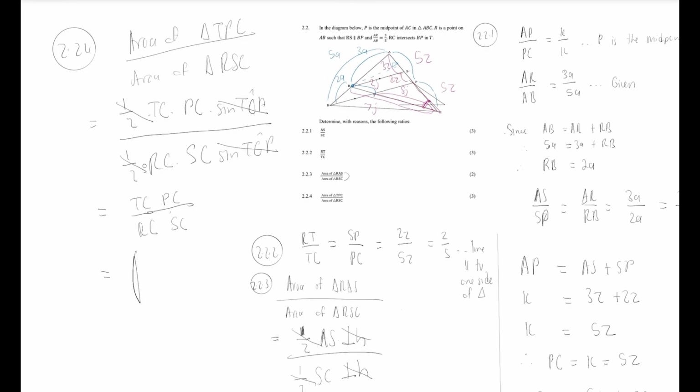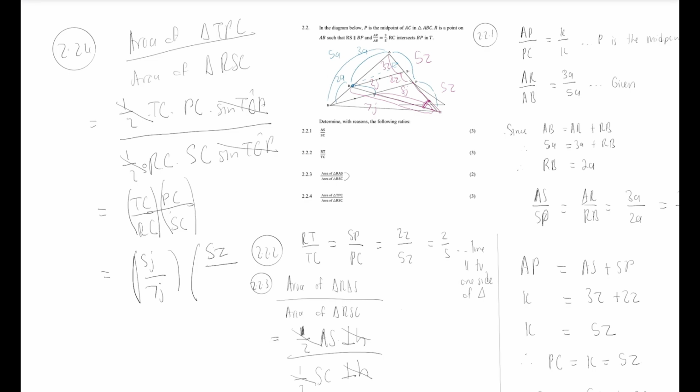So that means that for TC over RC, I can separate this into this times this, right? So my TC is 5J over my RC, which is 7J. And then my PC over here was 5Z, remember?